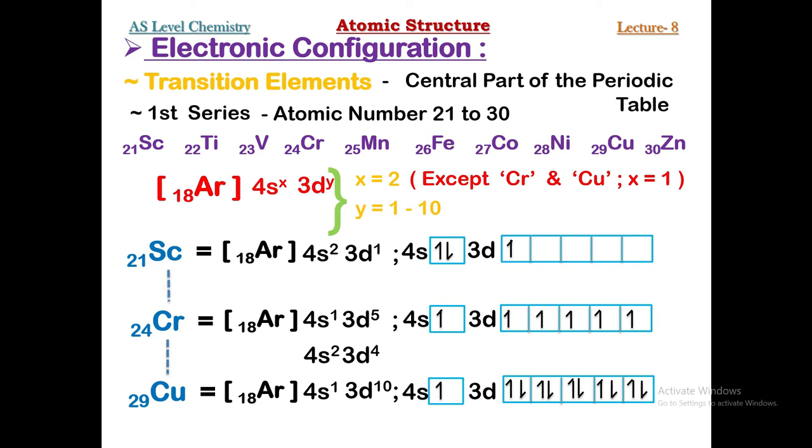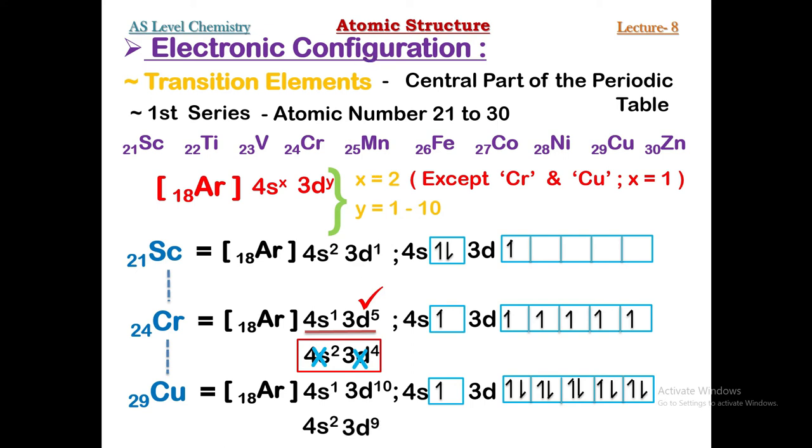So simply you can remember why in case of chromium and copper there is just 1 electron in 4s. Just to get stability, they migrate 1 electron from 4s into 3d. Likewise, you can remember for copper, if 4s would have 2 electrons, 3d would have 9 electrons.